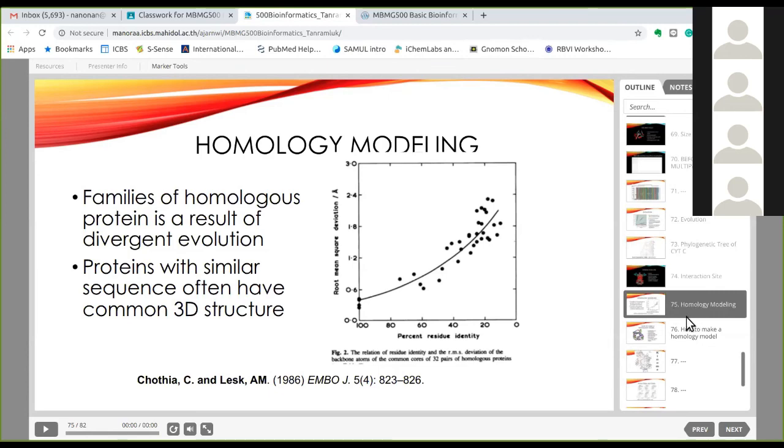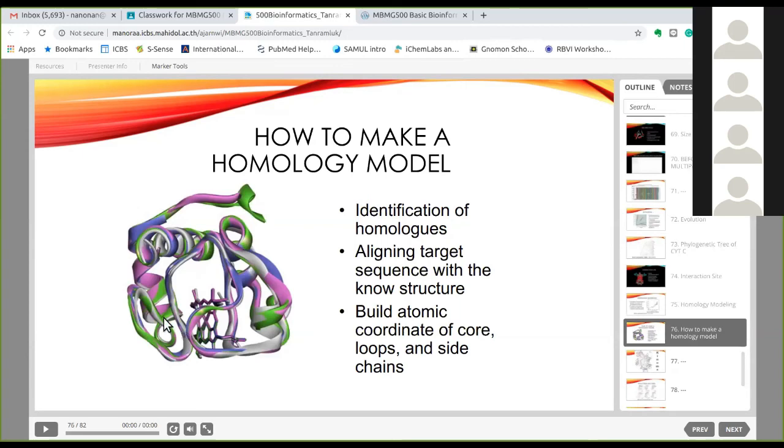Homology modeling is like you use all the structures which have high sequence identity and superpose them together, and then you identify the homologs and retain the part of the three-dimensional structures that you want to use as the model.